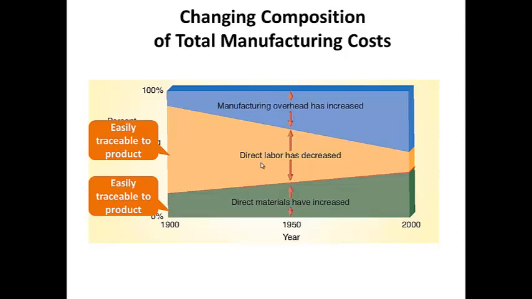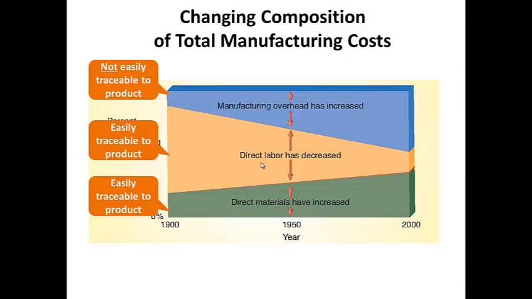That's the type of cost that's essential to the production process, but we really can't trace it directly back to a production activity. So it's not easily traceable back to the product. There's a great deal of work going on in management accounting trying to come up with meaningful measures to trace overhead types of costs back to products.